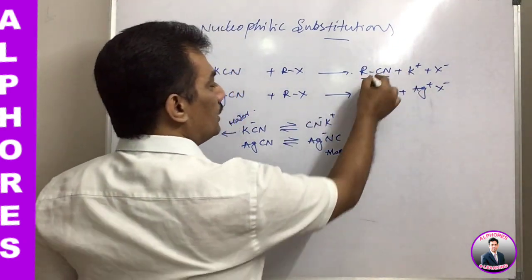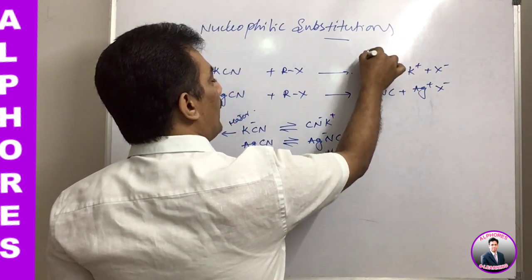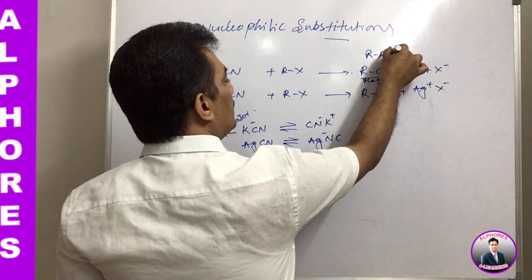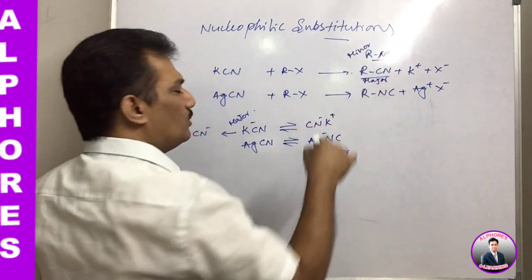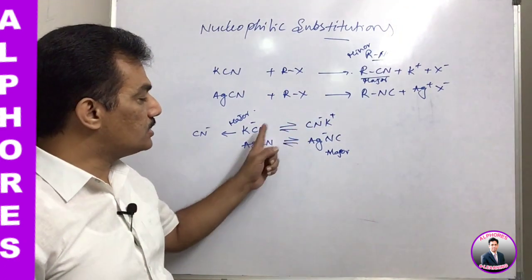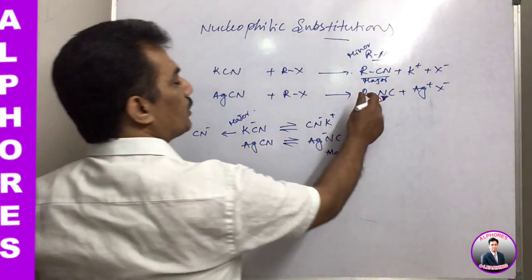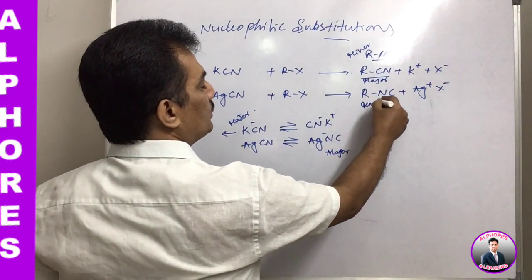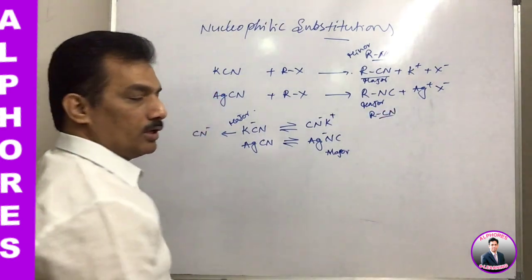And you remember, even though it is forming this as the major product, a fraction of RNC is also formed, but it is the minor product, nearly 10 to 20% of the product. That indicates the existence of both these forms in the solution. Here isocyanide is the major product, and here also some cyanide product is formed.